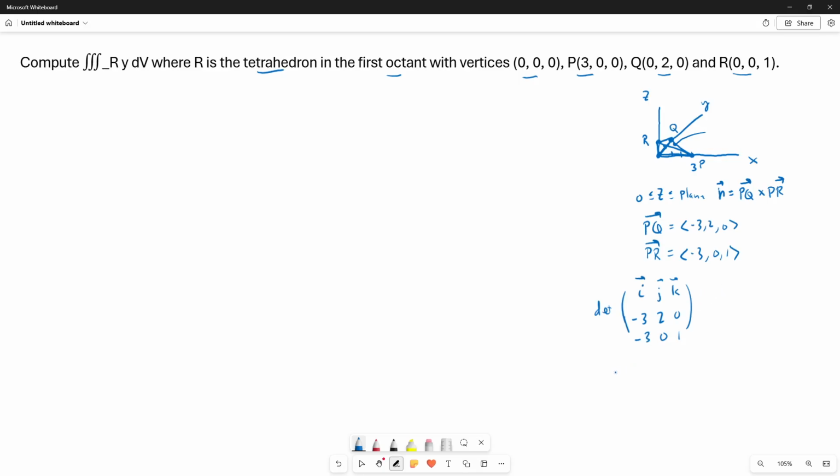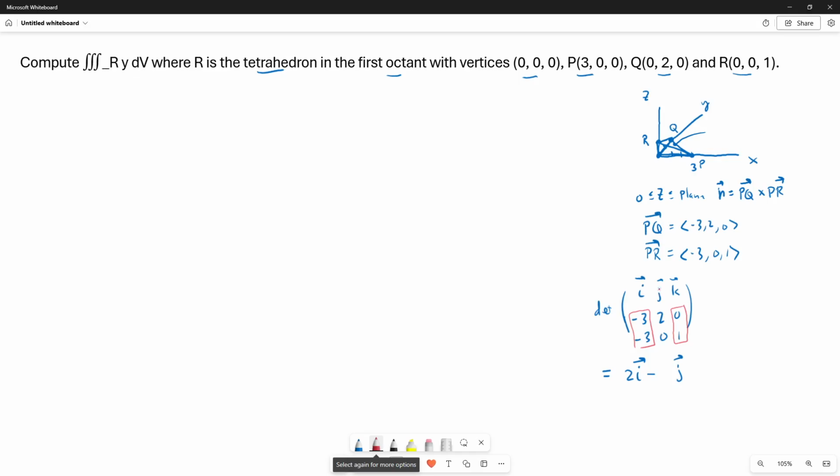So this determinant is equal to the vector i times the determinant of this 2 by 2 matrix here, which is 2 times 1 minus 0 times 0, so that's 2. And then we want minus j times another determinant, so minus j times the determinant of the 2 by 2 matrix with those two and those two.